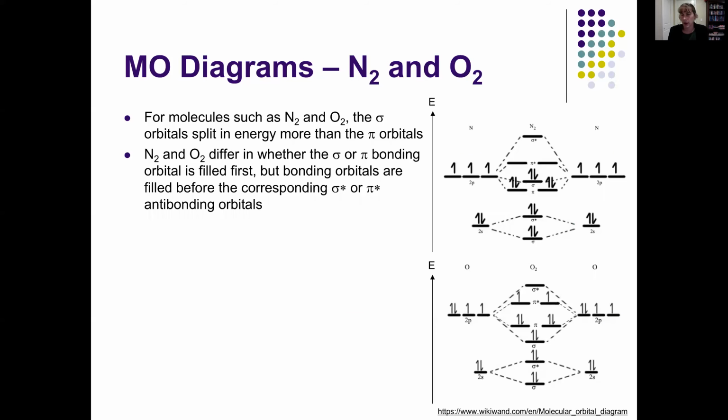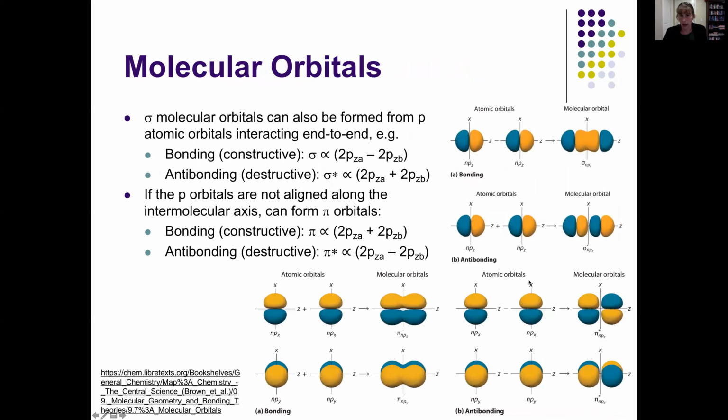We want to take a look at these molecular orbital diagrams for molecules. So, for example, we could have nitrogen or oxygen. Now, the interaction's a bit stronger when we have this p orbital interaction along the axis than the p orbital interaction when they're parallel to one another but perpendicular to the internuclear axis.